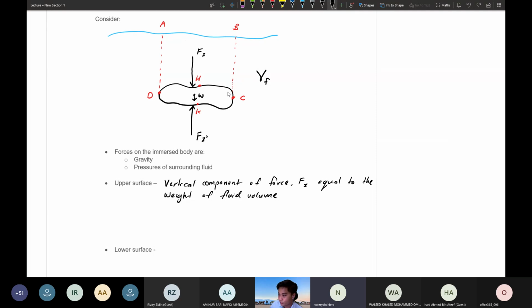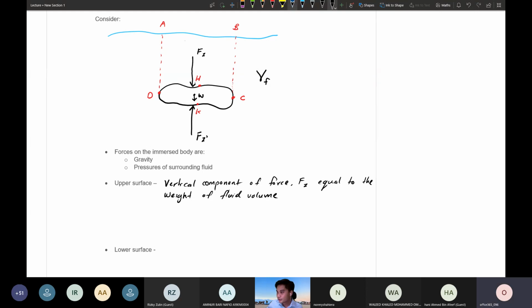Yes, correct. Please continue. The weight of water. Which water? Which location? A, B, C, D. If you say A, B, C, D, that means this is cross.